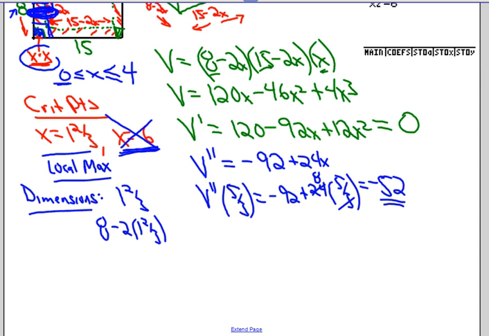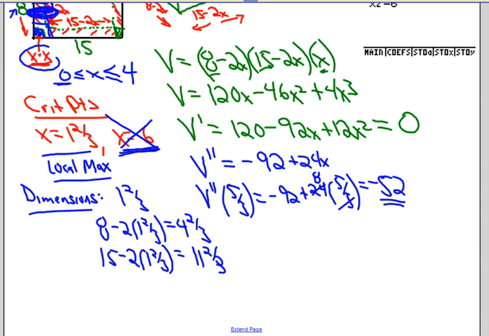So 8 minus 3 1/3 is 4 2/3. And 15 minus 2x. And again, 2 times 1 2/3 is 3 1/3. So 15 minus that would be 11 2/3.